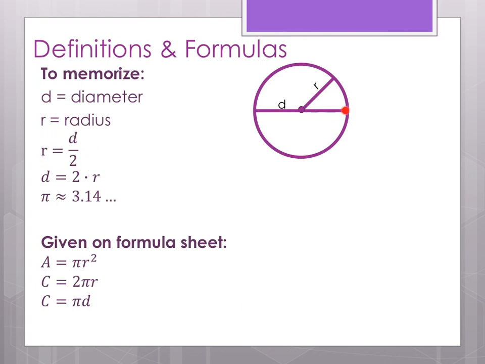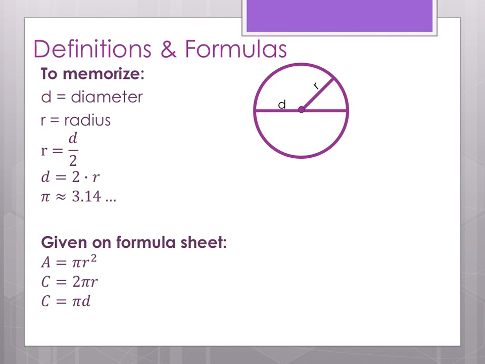If you look at this diameter here, this line would be a radius, and this line would be a radius. So the diameter divided in half is going to give you 1 radius. And that's important when we work with the area of a circle, which we'll talk about in a little bit. If you're given the radius and you need to find the diameter, we can multiply the radius by 2 to find out what that diameter is.